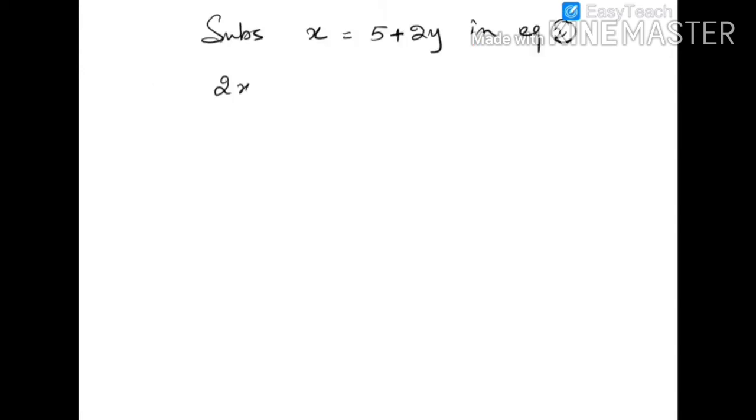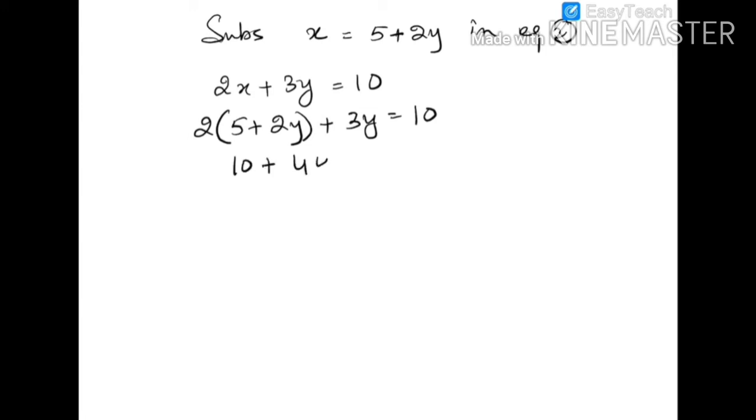Equation 2 is 2x plus 3y equal to 10. So we will get 2 times (5 plus 2y) plus 3y equal to 10. Now this is an equation in one variable, that is y. So simplify and solve to find the value of y.